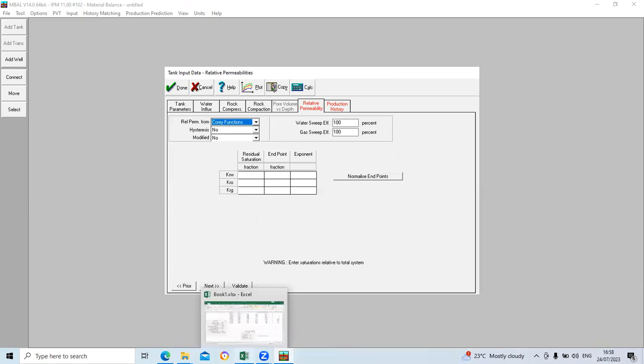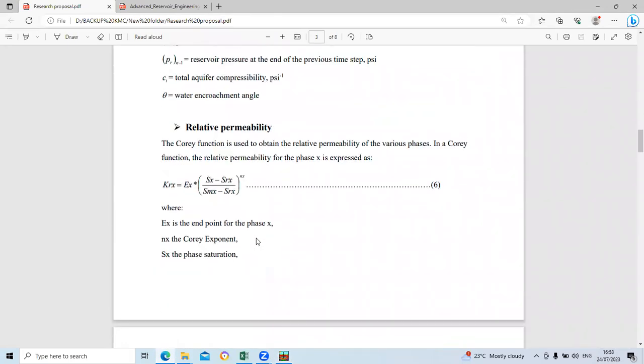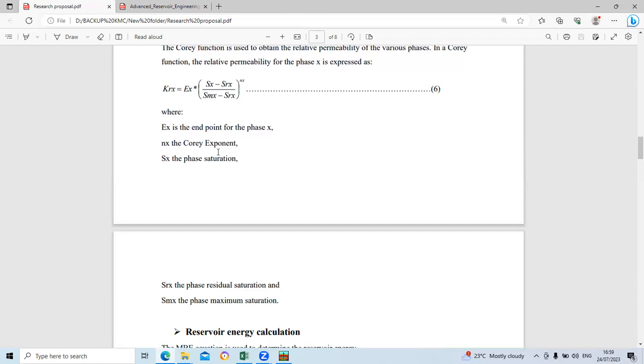So I have a PowerPoint here, I think I illustrated. Okay, so this is our relative permeability, and this is the function that is used. In the function, we have Krx, which is the relative permeability of whatever substance you're talking about. It may be oil, it may be water, and all of that. Then we have Sx, which is our phase saturation.